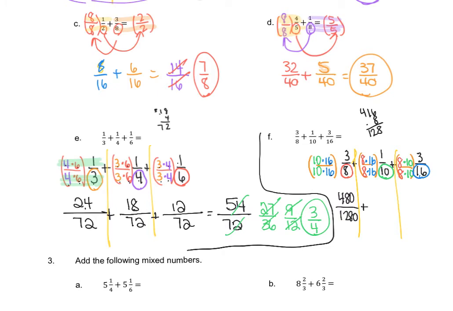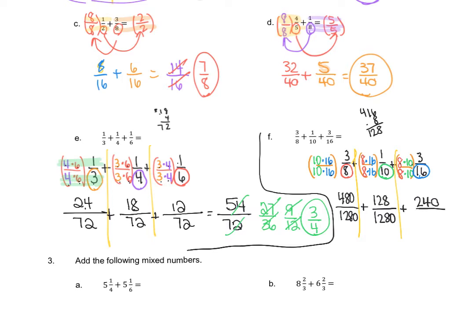All right, and I'm adding 8 times 16. Again, that's 128. So 128 on top, and the bottom, 1280, plus 8 times 3 is 24, times 10 is 240.